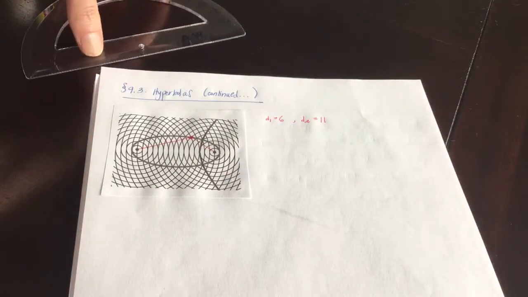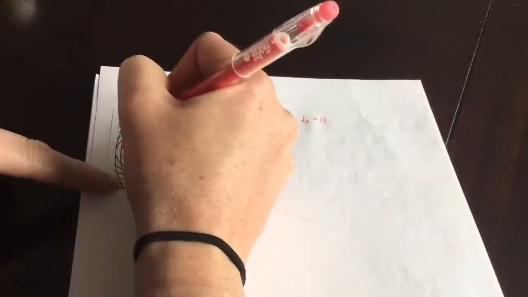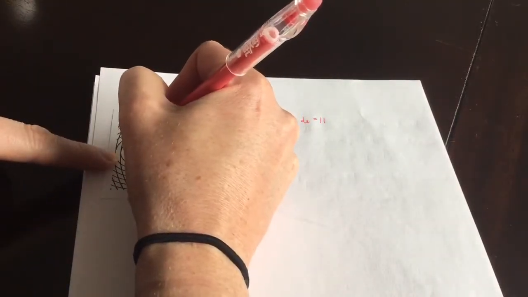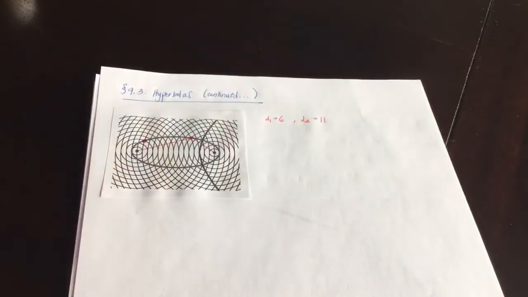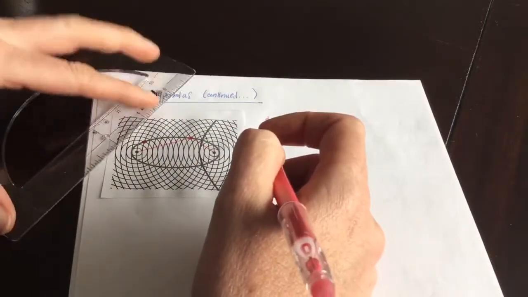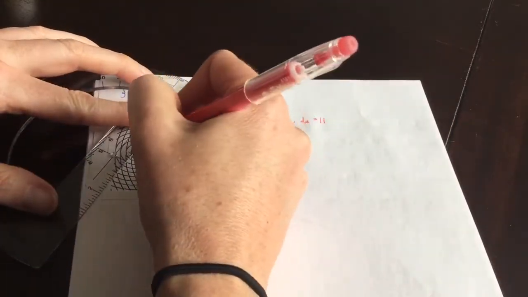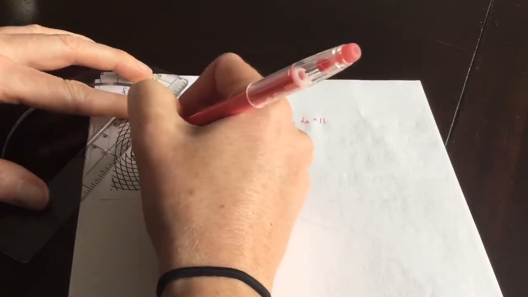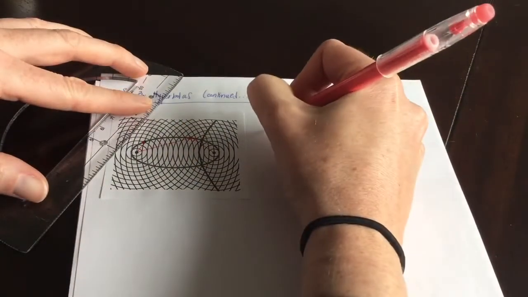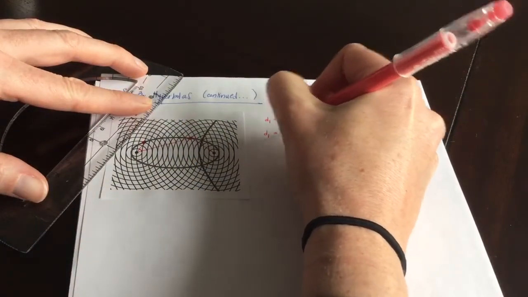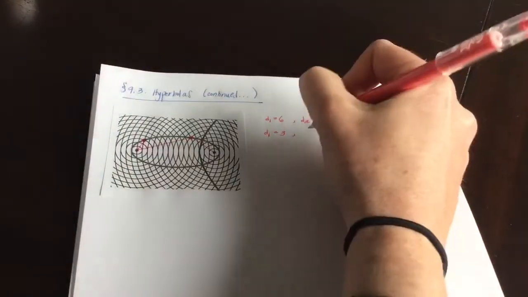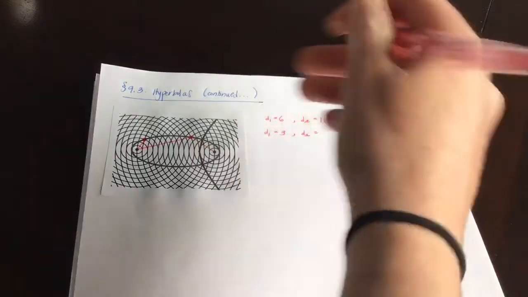If I was to pick any other point on that ellipse, say there, and ask you how far is it from this focus, that would be easy to count. 2, 3. Based on what we've already talked about with ellipses, what would you guess that distance 2 would be?